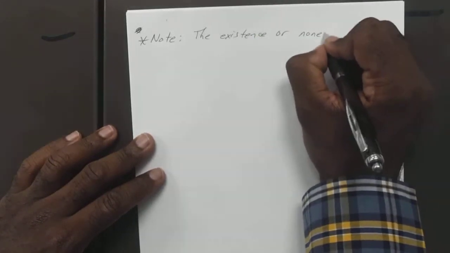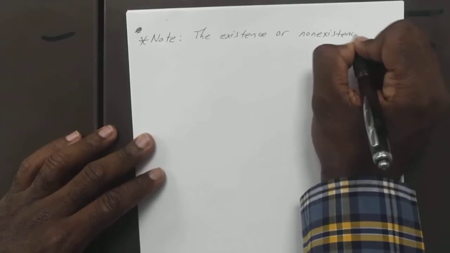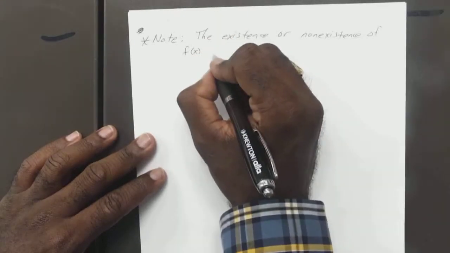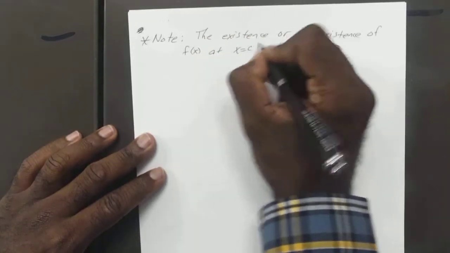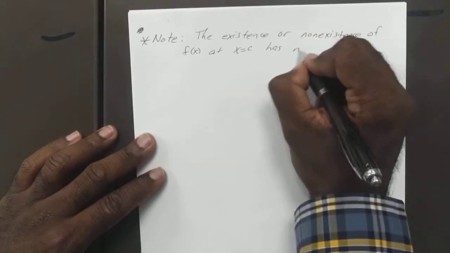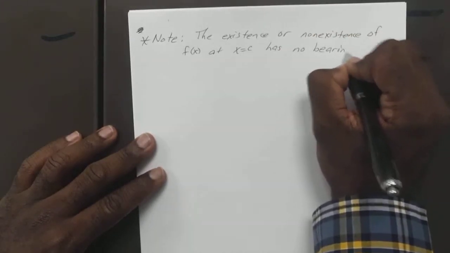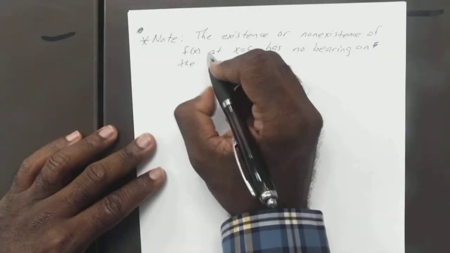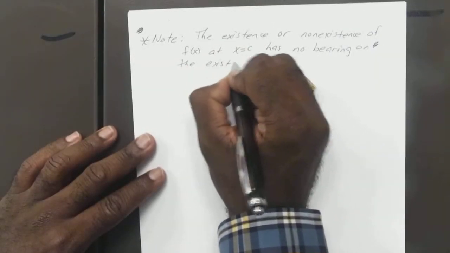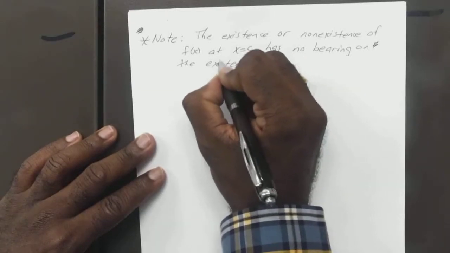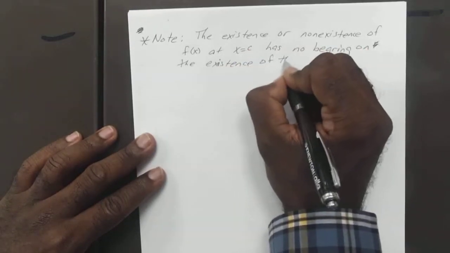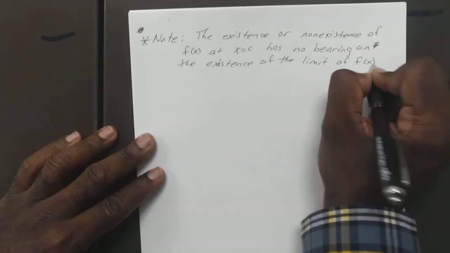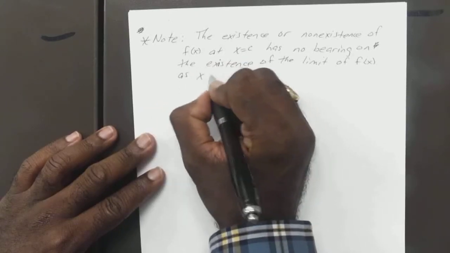The existence or non-existence of f of x at x equals c has no bearing on the existence of the limit of f of x as x approaches c.